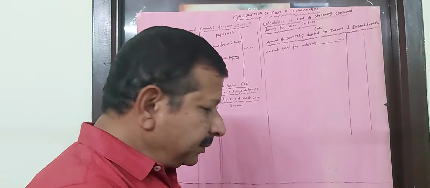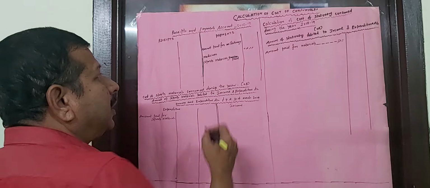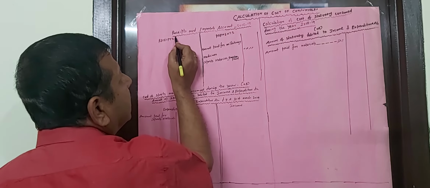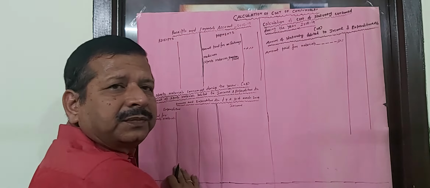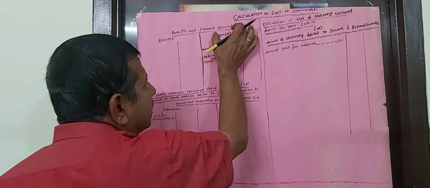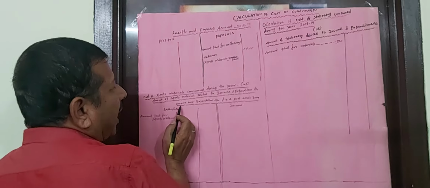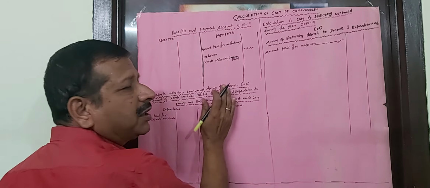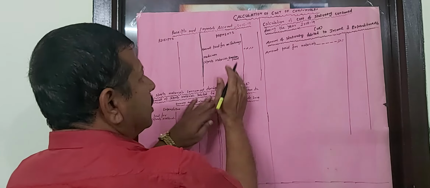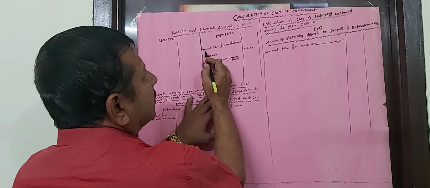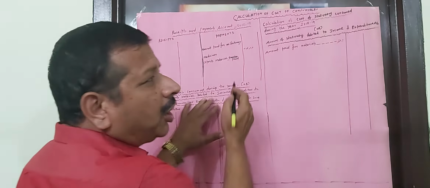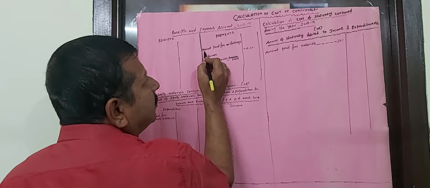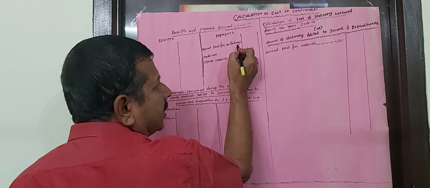Please listen. You see here, this is the receipts and payment account. From the receipts and payment account, we have to prepare the income and expenditure account. Now, on this payment side, you can see the amount paid for stationery.